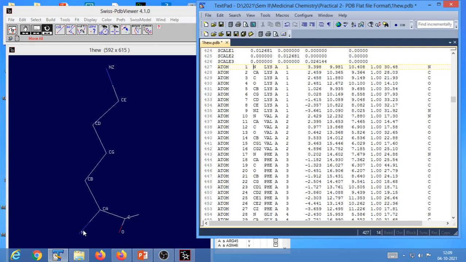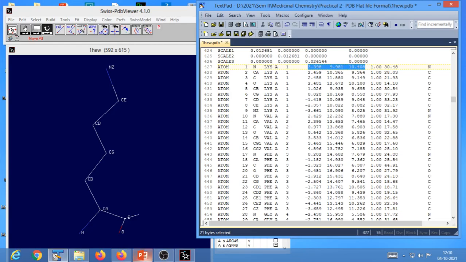And in order to represent anything in Cartesian coordinates, you have to provide the three coordinates of each and every atom. So this is the x coordinate of your nitrogen, this is the y coordinate of your nitrogen, and this is the z coordinate of your nitrogen. So these are the x, y, and z coordinates of this nitrogen in your PDB file.